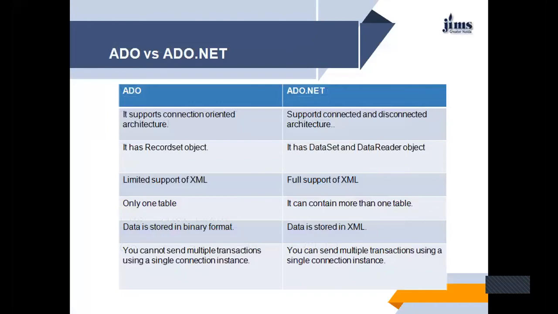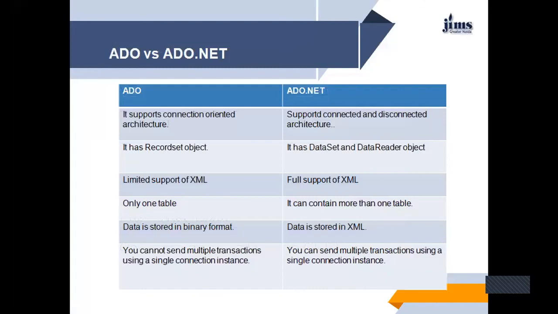Now, in the summary part, we will again discuss the main points of ADO versus ADO.NET. ADO supports connection-oriented architecture. ADO.NET supports connected and disconnected architecture. In ADO, it has the record set object.